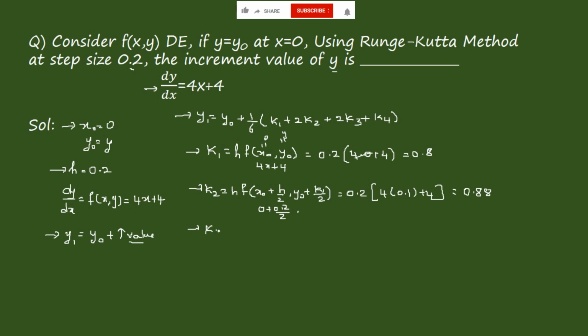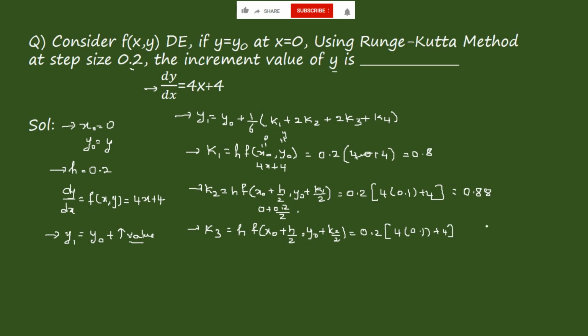So again we find the value of k3. The value of k3 is equal to h into f of x naught plus h by 2 comma y0 plus k2 by 2, which is 0.2 into (4 into the x value), where x0 plus h by 2 is 0.2 by 2, which is 0.1. So it becomes 0.1 times 4 plus 4.